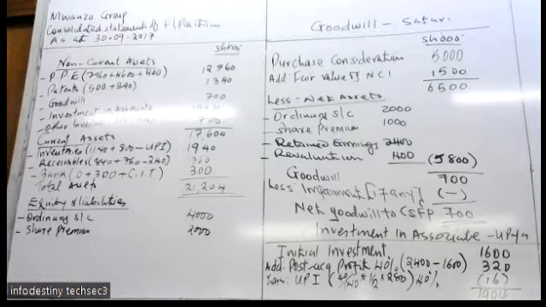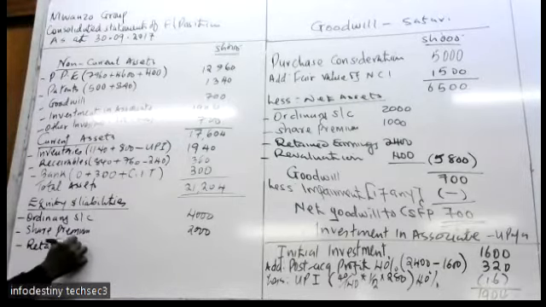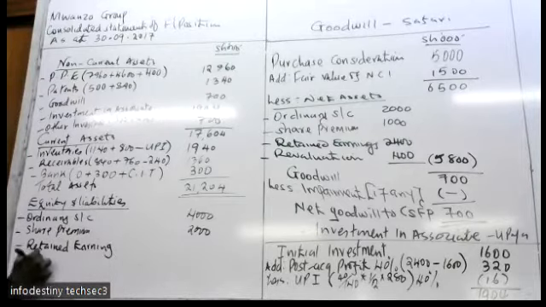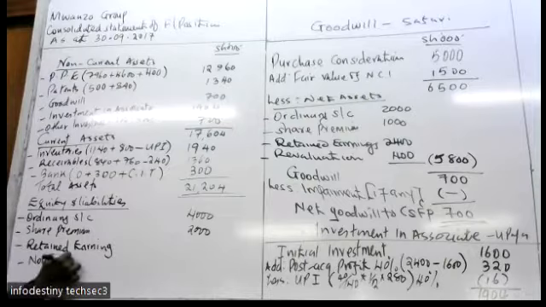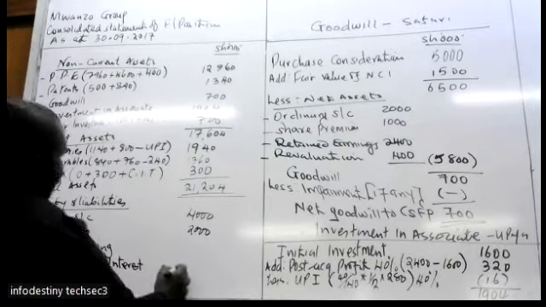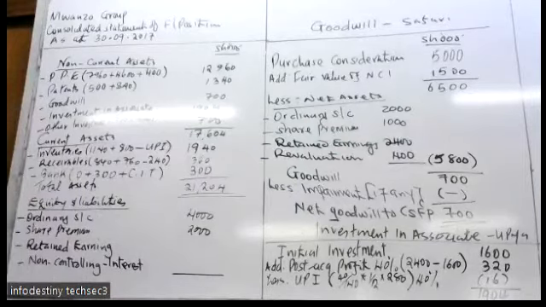Then revenue reserve, retained earnings. Retained earnings. Then you will give us non-controlling what? Non-controlling interest. Now we can do it.